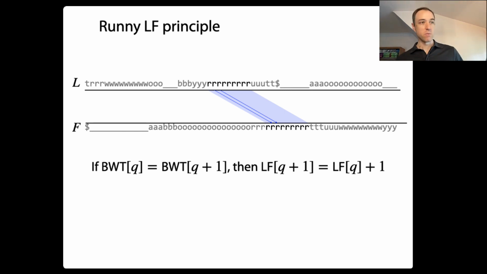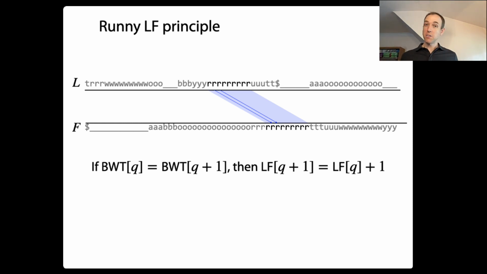The LF mapping of q plus 1 is equal to the LF mapping of q, plus 1. Going over by 1 and down is the same as going down and going over by 1. This is true if they are the same character, if they're together in the same run.